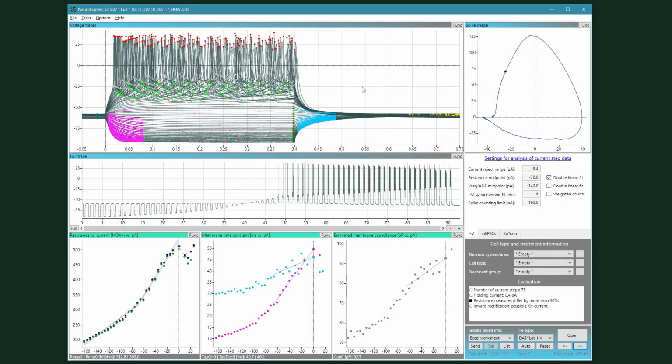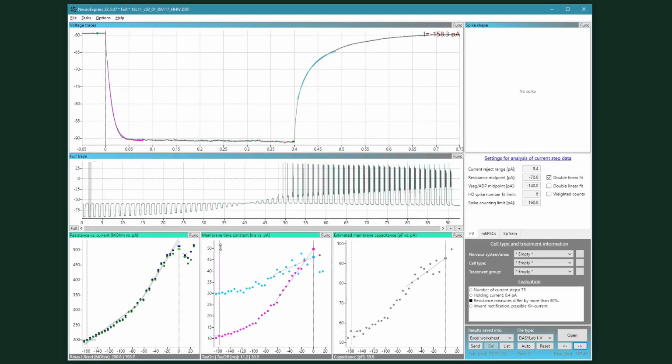In this example, I will show you how the program calculates the membrane time constant. When the membrane potential starts getting more hyperpolarized during the negative current injection, there is a mono-exponential onset of these voltage traces.